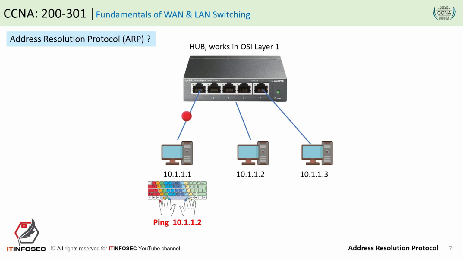See again, it receives from the first port and repeats it from the other ports to all the other connected computers. It means broadcasting the packet to all connected computers.